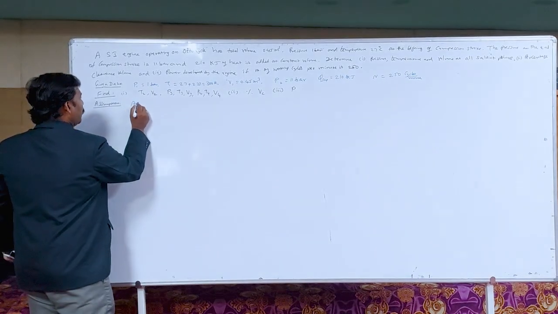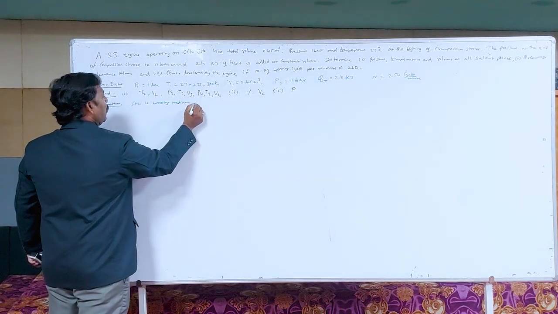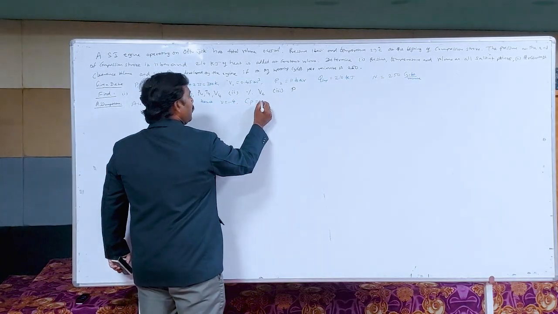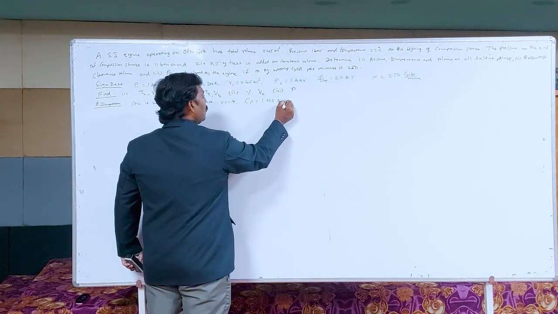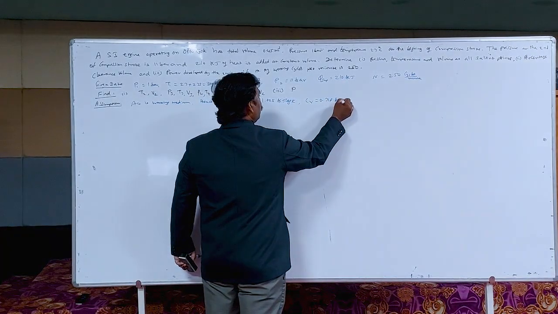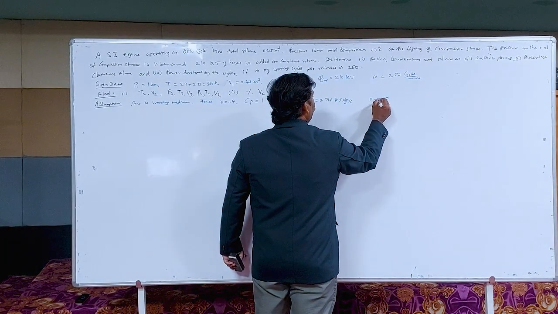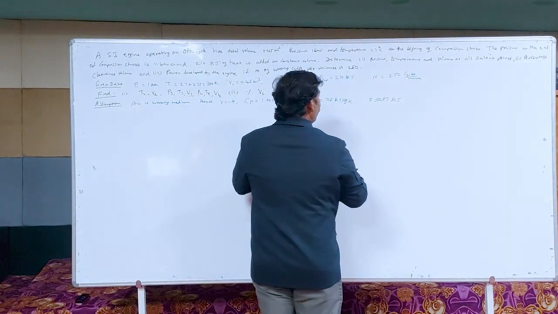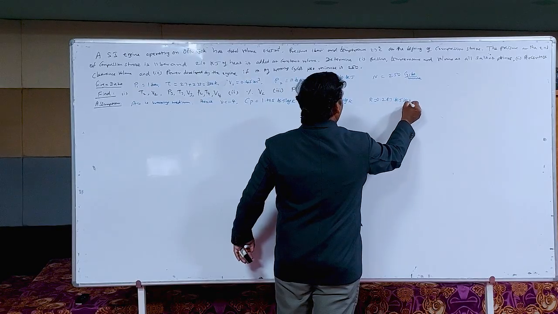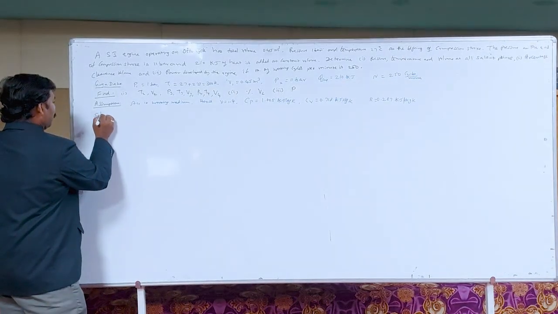Assumption: air is the working medium, hence gamma is equal to 1.4, Cp is equal to 1.005 kilojoule per kilogram Kelvin, and Cv 0.718 kilojoule per kilogram Kelvin, and R is equal to 0.287 kilojoule per kilogram Kelvin. So now we have to give a solution for the problem.